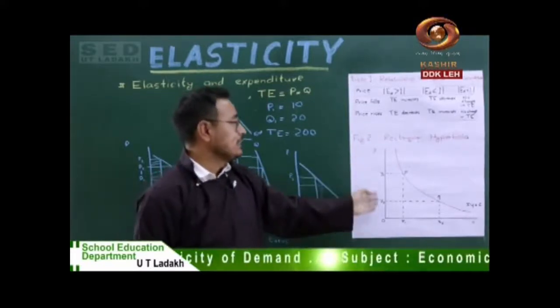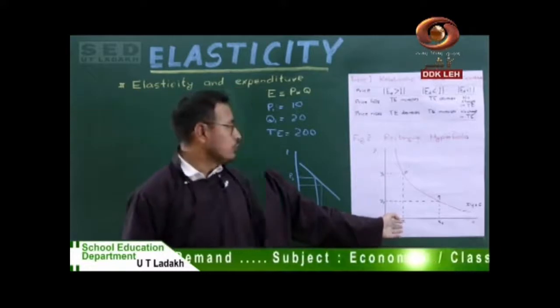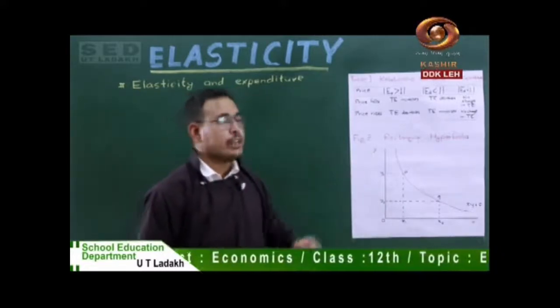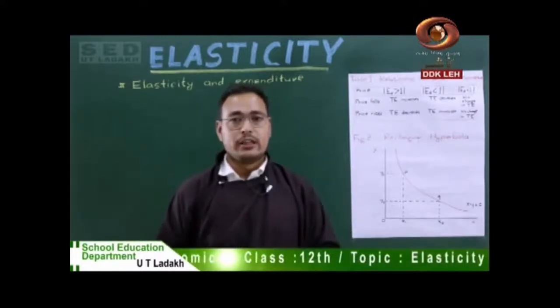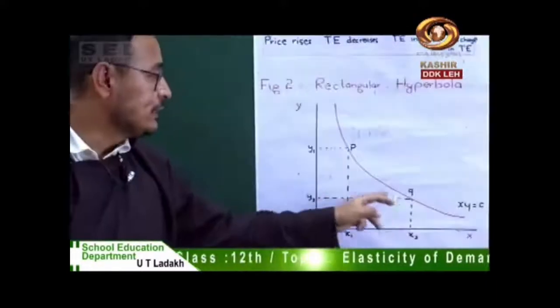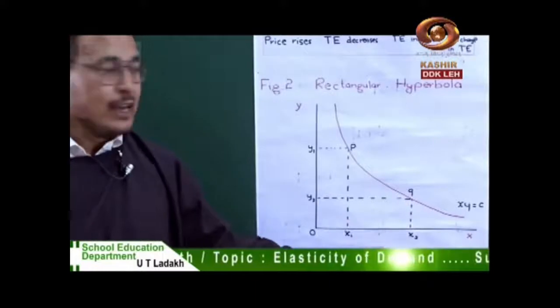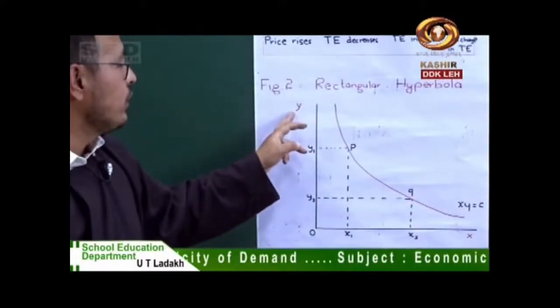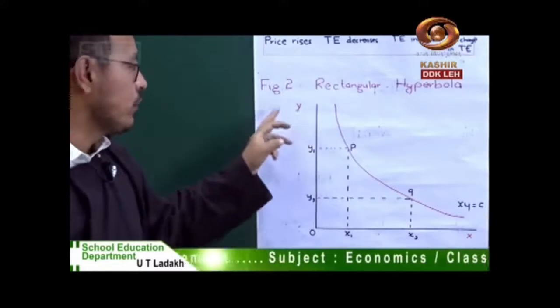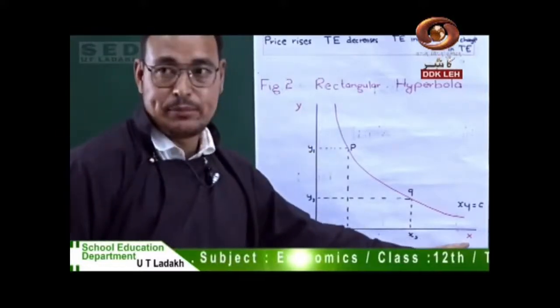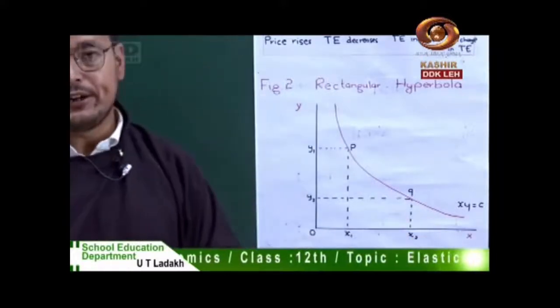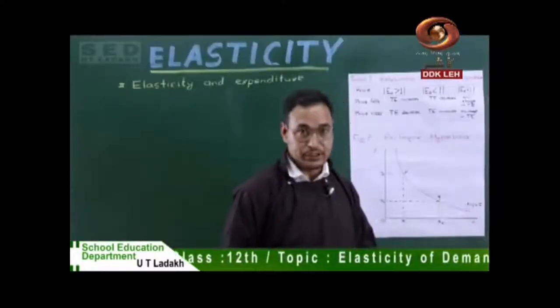The classic case is the rectangular hyperbola. So the last portion for today's class is about the rectangular hyperbola. Now the rectangular hyperbola is a curve which has the property that it has constant expenditure. If I presume the y-axis represents your price and the x-axis represents your quantity, then it always has a constant value of total expenditure.